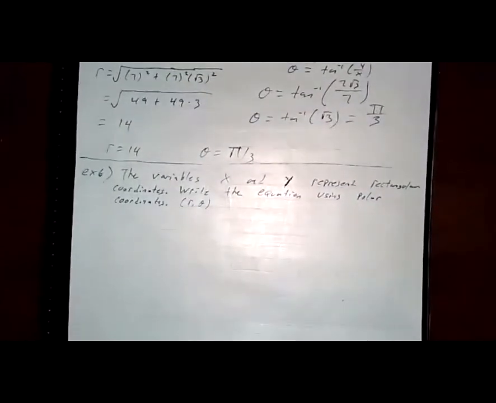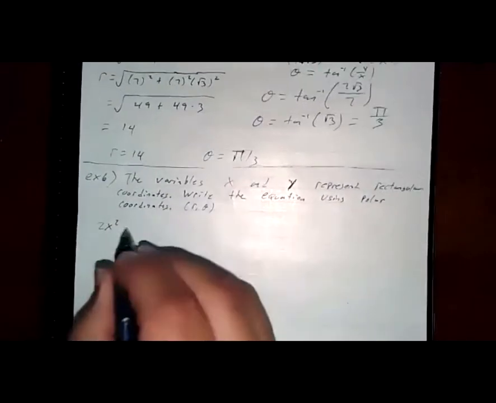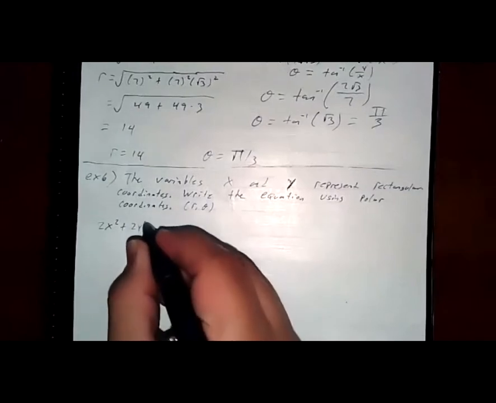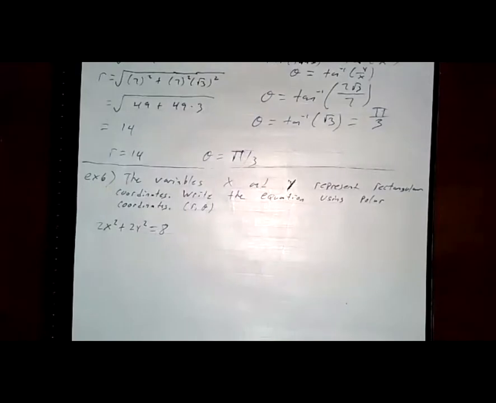Okay, so here's the first example. 2x squared plus 2y squared equals 8. So it changes into polar.